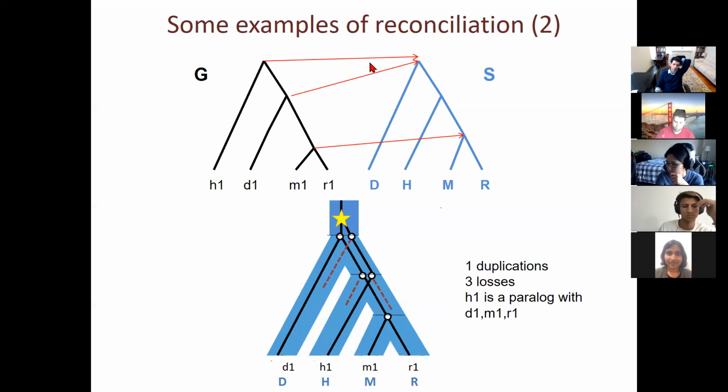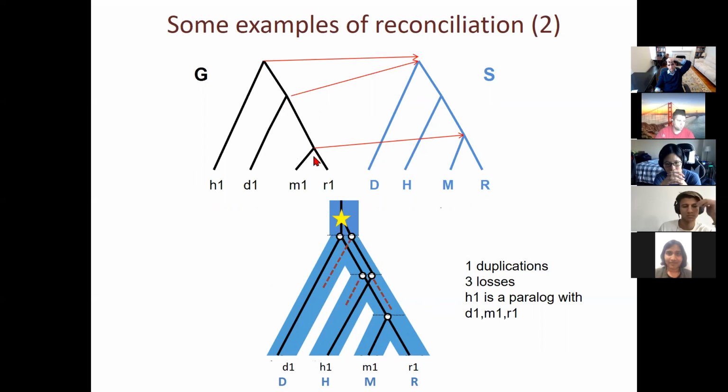But what does that mean for reconciliation? That basically means that, because of this common ancestor of dog, mouse, rat, and human mapping here, and this ancestor mapping here, there was an ancestral duplication event, followed by speciation, followed by loss in dog, loss in human, and loss in the mouse-rat ancestor.